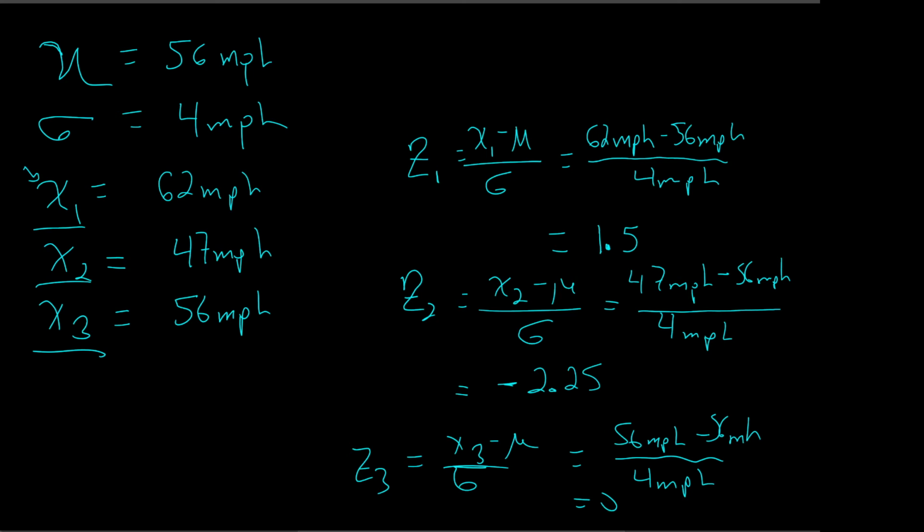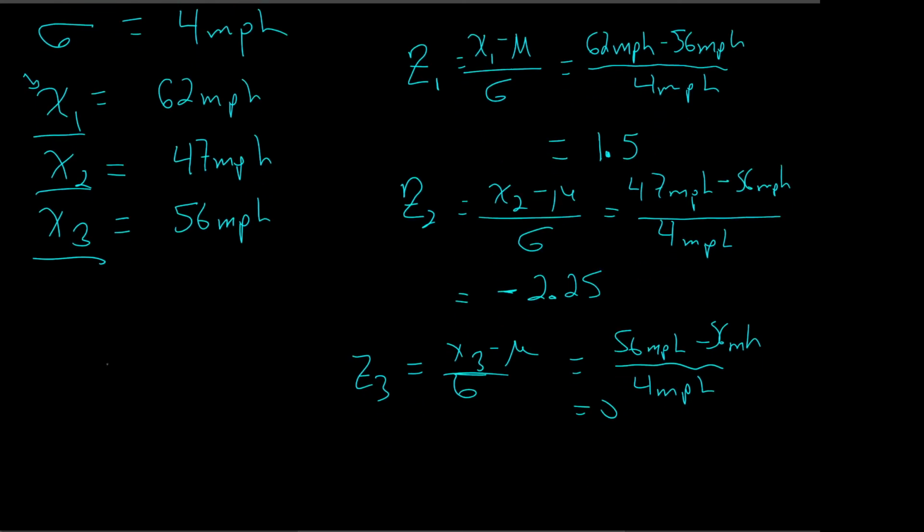Now what this does for me, let's see if I can scroll down just a bit here. I'll do it over here. I'll do it in yellow. Yellow goes well with blue. My mean is here. And so z1 is 1.5 positive standard deviations away from the mean, and so I come over here and there's z1.